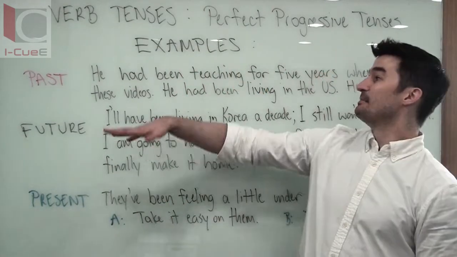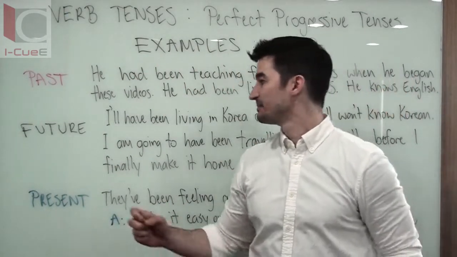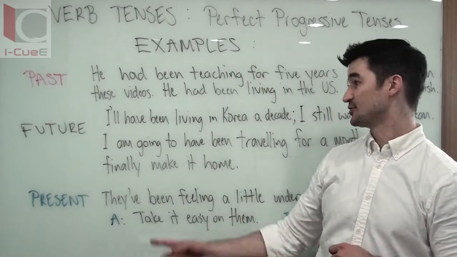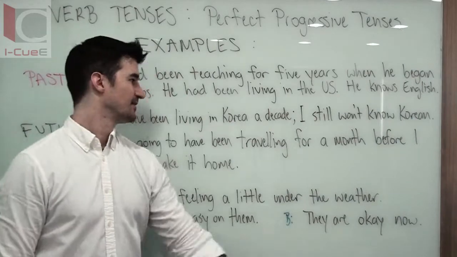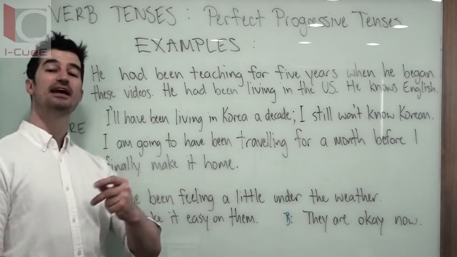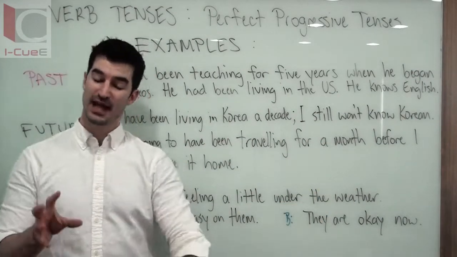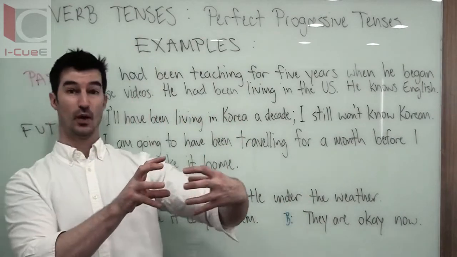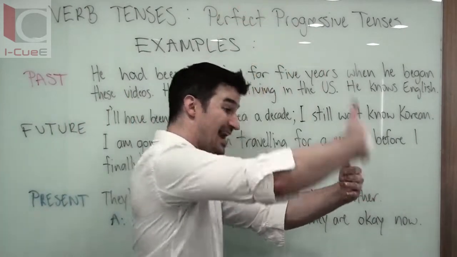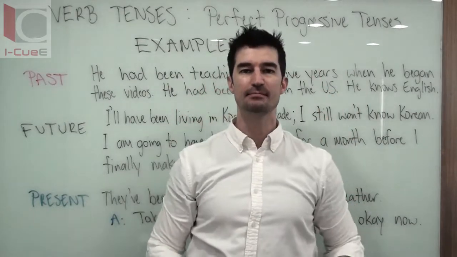And as the mirror image of that first example in the past, we have the second example of the future. I am going to have been traveling for a month before I finally make it home. So here we have that idea that I started traveling, or I will have started traveling, and I will have been traveling for a whole month when I finally make it home.